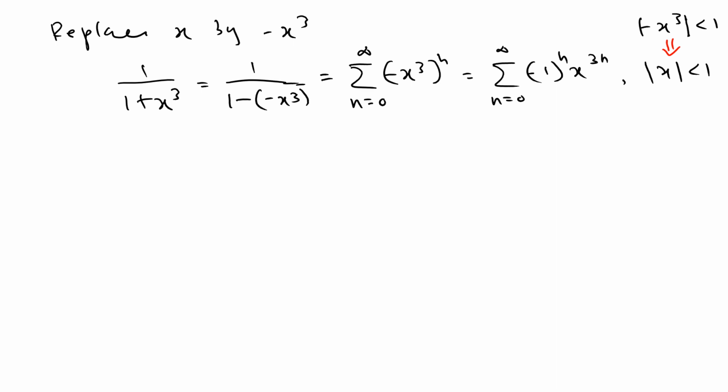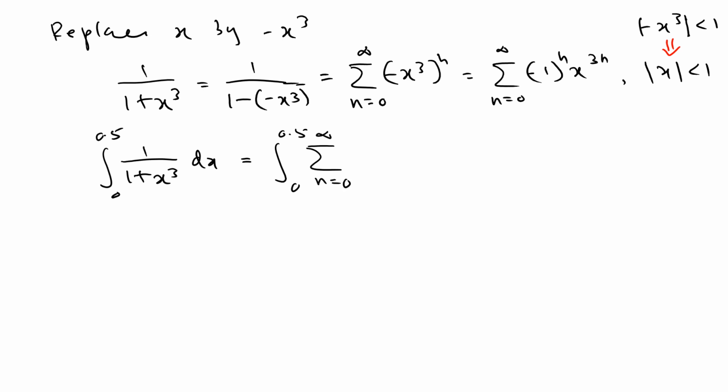So now we have this series, so what we can do is take the integral. So let's integrate. We have the integral from 0 to 0.5 of 1 over 1 plus x cubed dx. We replace the integral by the series representation, so x^(3n) dx.